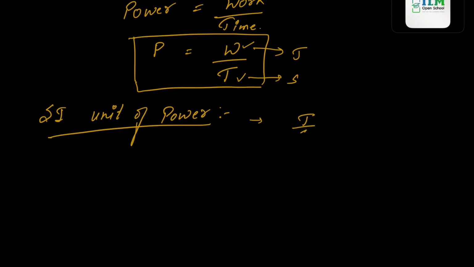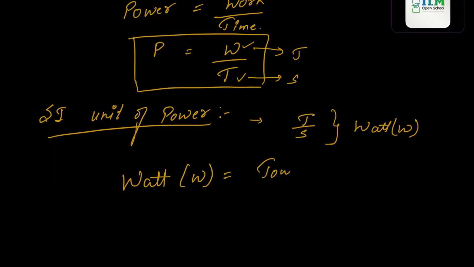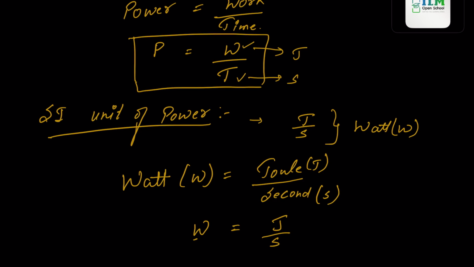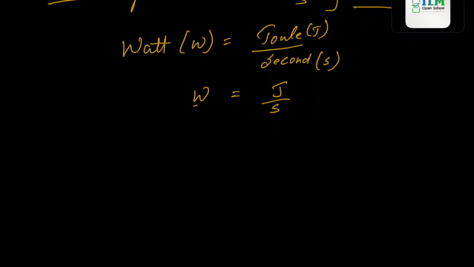So the SI unit of power comes to joule upon second, that is joule per second, and we call it altogether watt. We represent it with W. So watt, that is W, is equal to joule upon second, where joule is J. So the SI unit of power is watt.